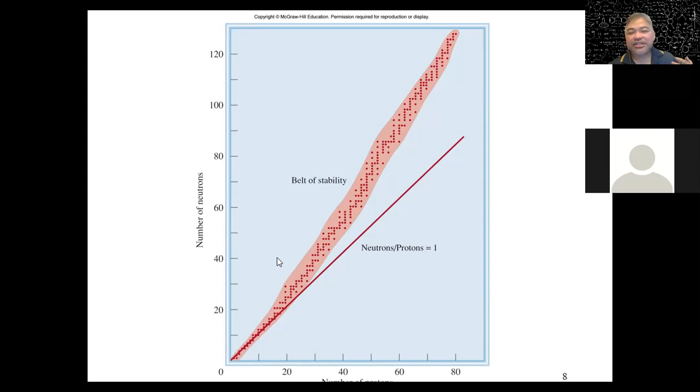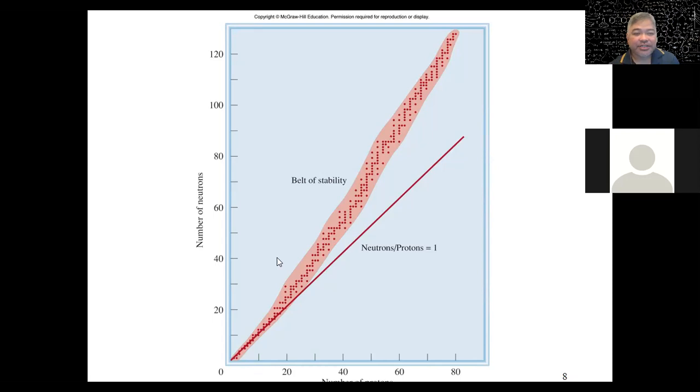So usually it's just a graph that depicts the relationship between the number of neutrons versus the number of protons and the area where there are stable nuclides. Okay? So when your nuclide has 84 or more protons, it tends to be unstable and likely it will undergo radioactive decay.